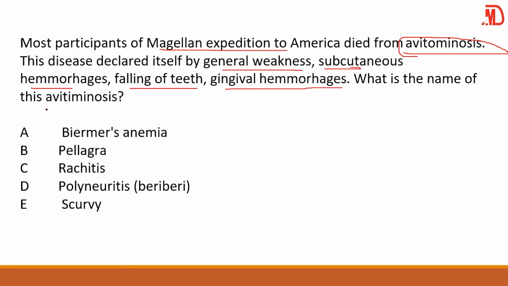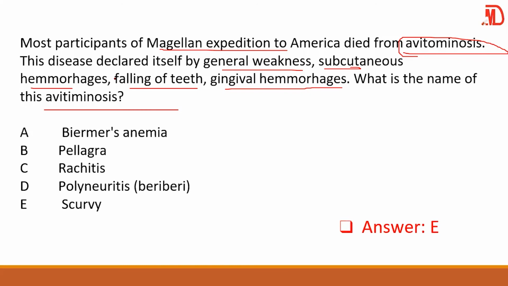What type of vitamin deficiency will lead to hemorrhage, gingival hemorrhage, falling of teeth? Do you remember the reason why we ask people to take vitamin C when they have sores in the mouth, or when they're bleeding from the gums? It's because we are talking about scurvy. So this is vitamin C deficiency.